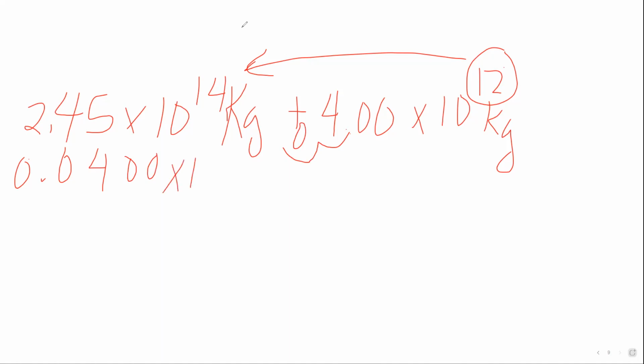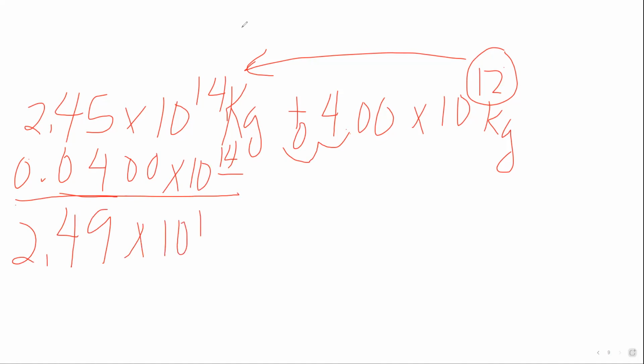So this is times 10 to the 14 now, because we decrease this by 2, we increase this by 2. So when we add it, we have 9. And then the rest is 14, and it is kilograms all the way. Okay, so that's your answer. Because it is correct. You don't have to switch it to anything else.